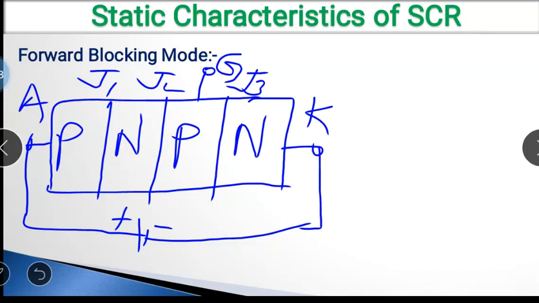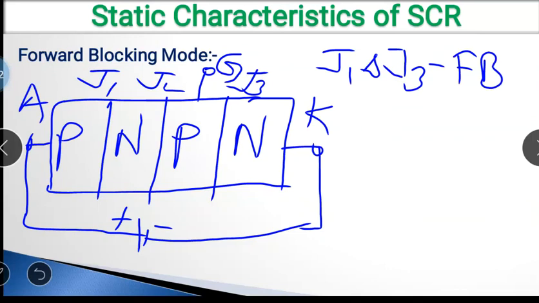Okay, so in this mode of operation the junctions J1 and J3 are in forward bias, and J2 is in reverse bias.